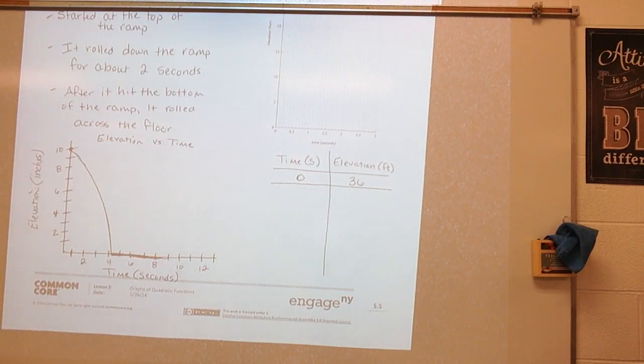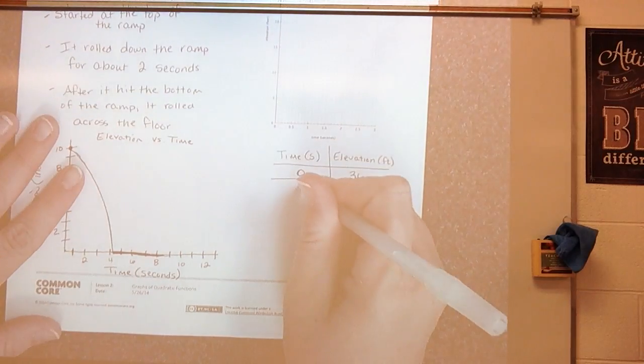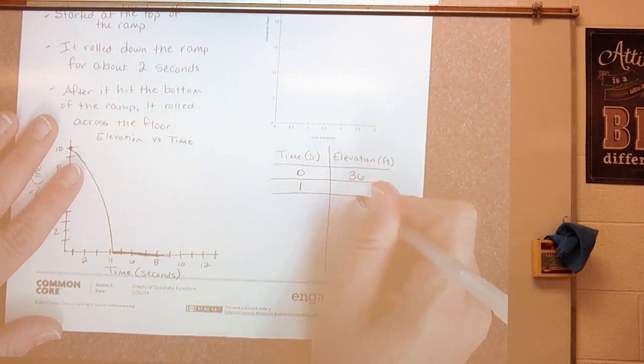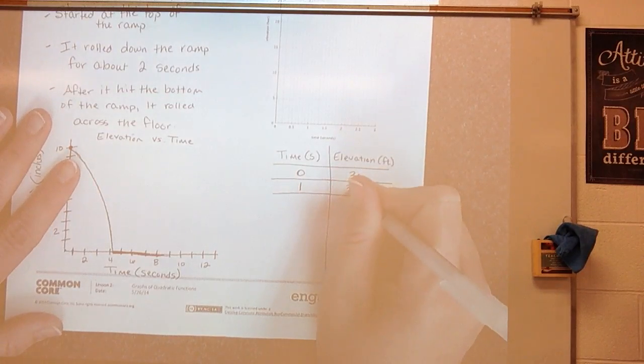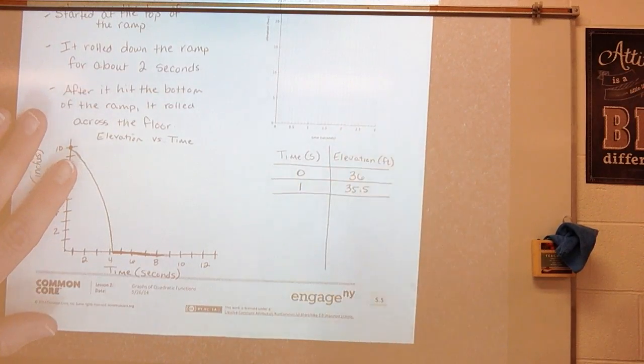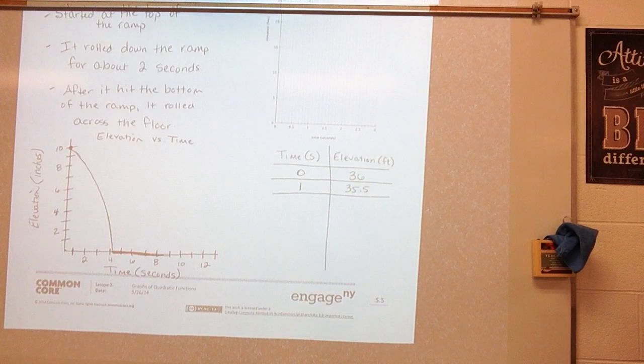Yours may not be exactly like mine, but after 1 second, he is actually right around 35.5 feet. Now remember, he jumped up half a foot before coming back down.